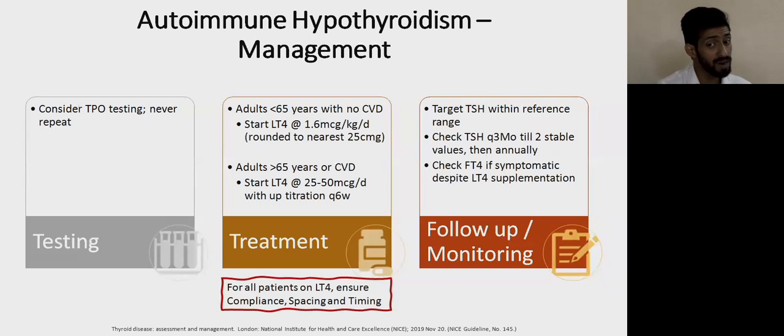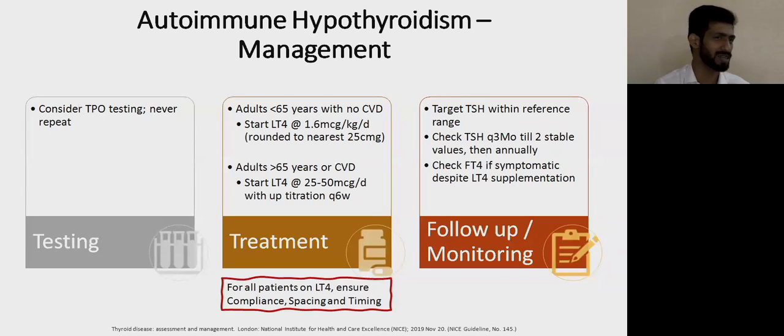Now, once you give levothyroxine in an appropriate weight-based dose, you have ensured that your patient is compliant and is spacing, at least from what they can tell us, but still is symptomatic, that is one of the few indications in hypothyroidism where you would check an FT4 level to assess adherence to therapy.